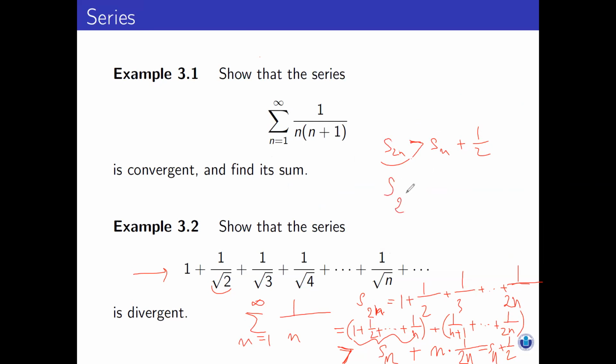So in general, if you multiply the index by 2 to the k, then you have this. And so this can get arbitrarily large if you just let k go to infinity. Is this clear? Do you have any questions?